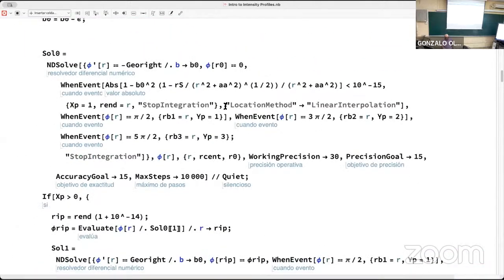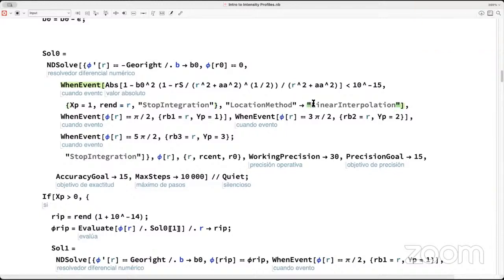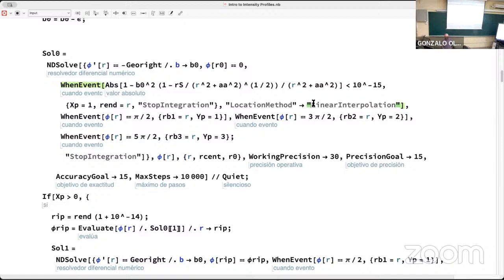This one works well to identify the last point. So if you have something to comment on this, please feel free to open your microphone and illustrate us, because I'm a user.